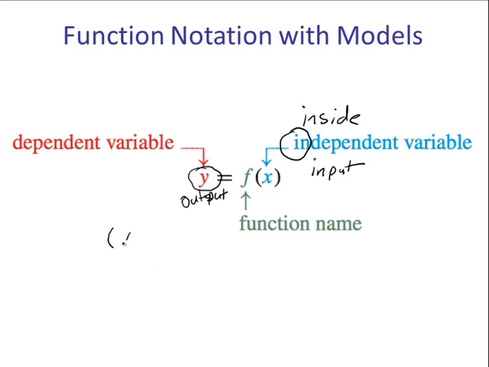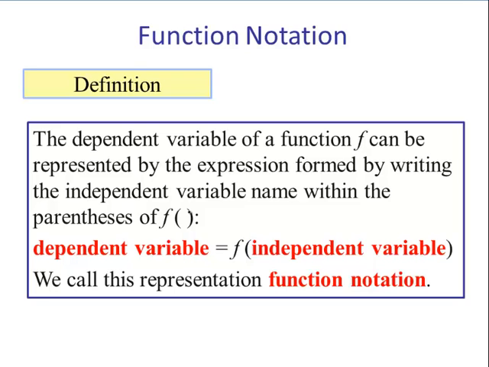So in ordered pair, it could be written like this, or it could be written like this. These are equivalent. But what's nice about function notation is we automatically know what is the input variable, whatever is inside the parentheses. Function notation.